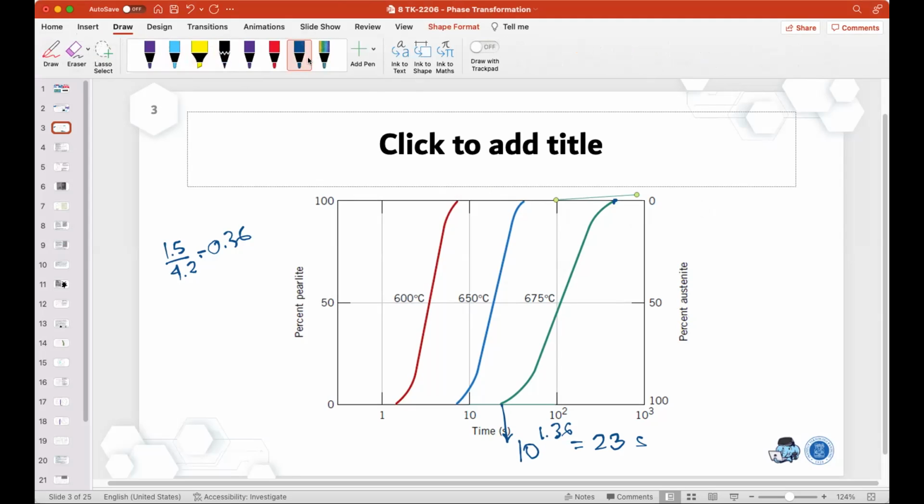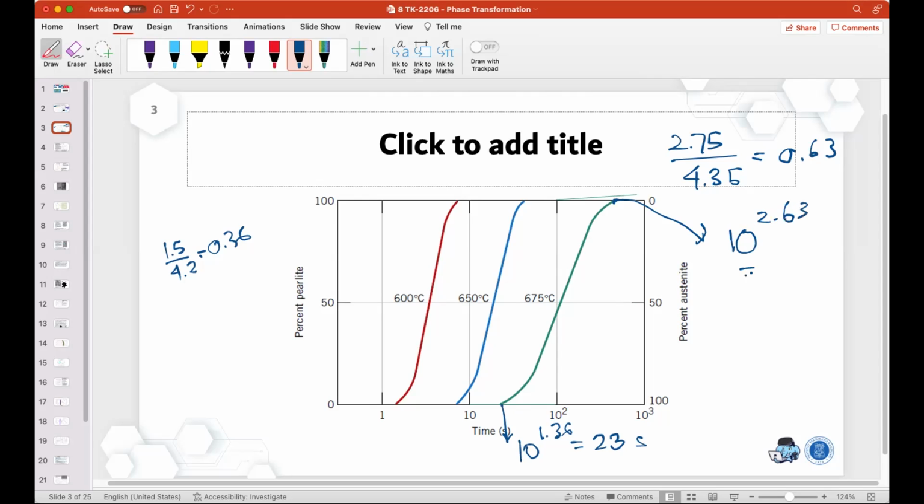So 2.75 divided by 4.35, I get about 0.63, something like that. And here, this point is 10 to the power of 2, and then plus this one.